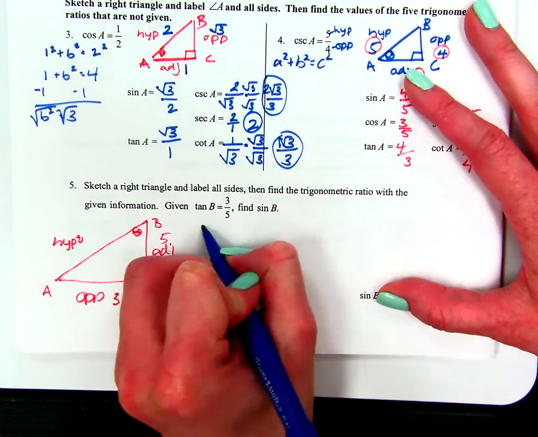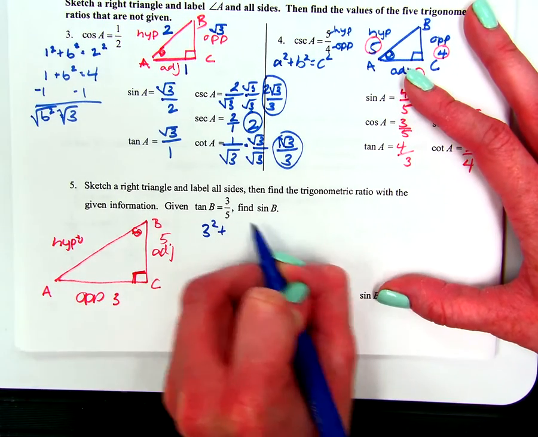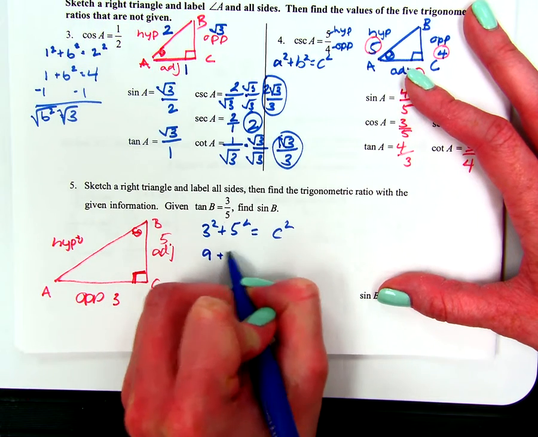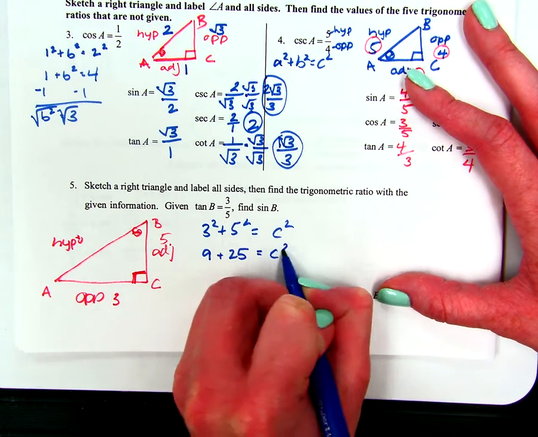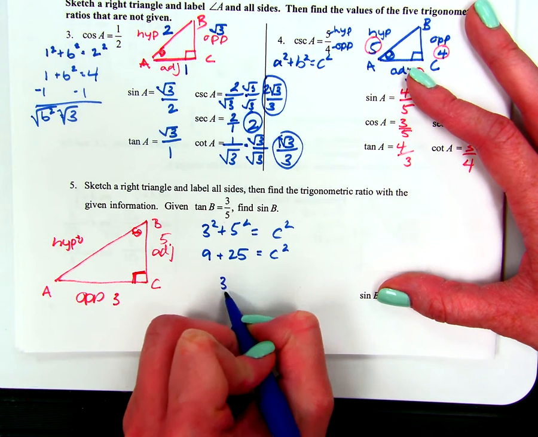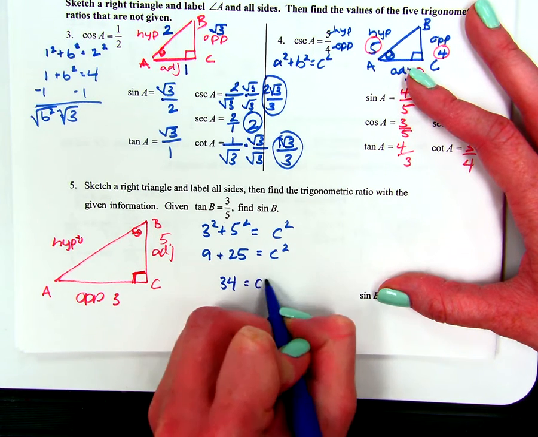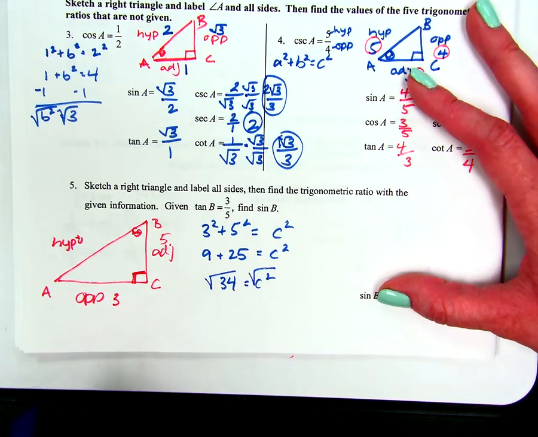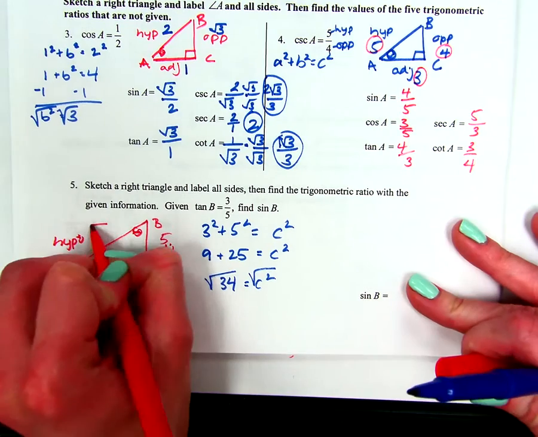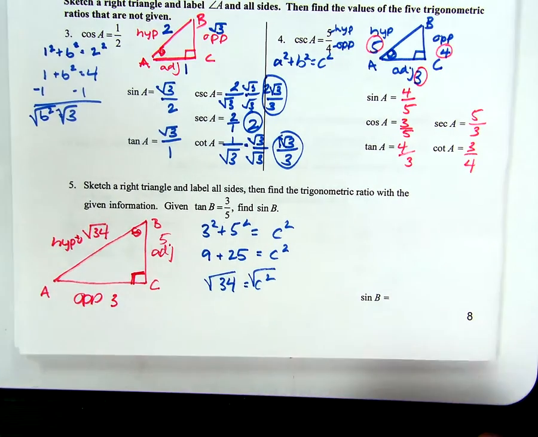So we have a squared plus b squared equals c squared. So that gives us 9 plus 25 equals c squared. So that is 34. So we'll take the square root of that, and we'll just leave that as square root of 34. So those are our 3 sides.